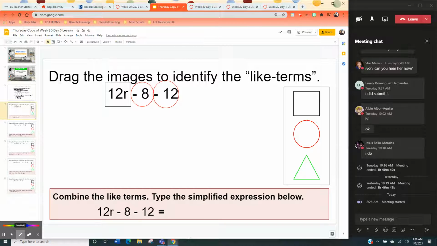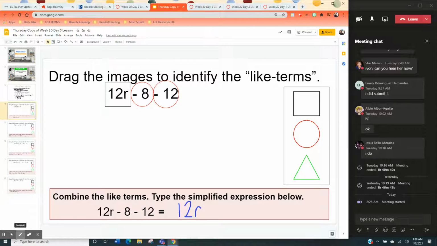So 12r, there is nothing I can do with my 12r. So I'm going to come back down to the bottom, and I'm going to write 12r because that term is simplified. So now I'm going to do negative 8 minus 12.